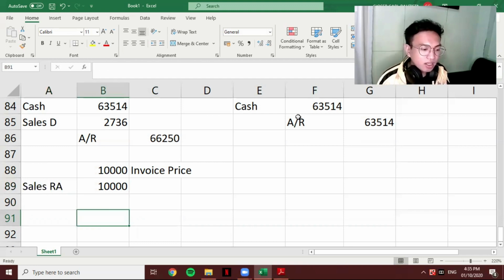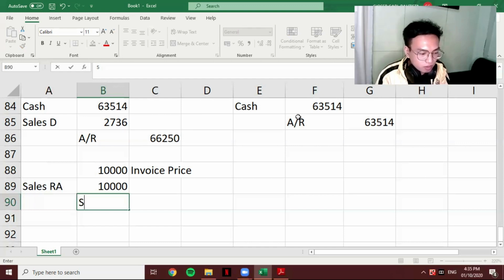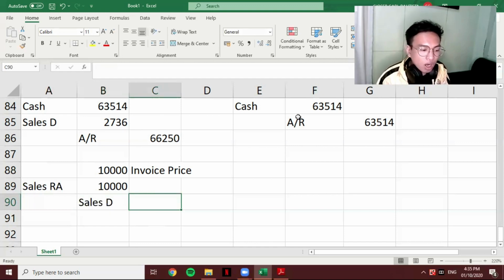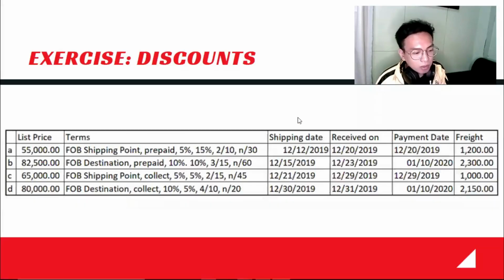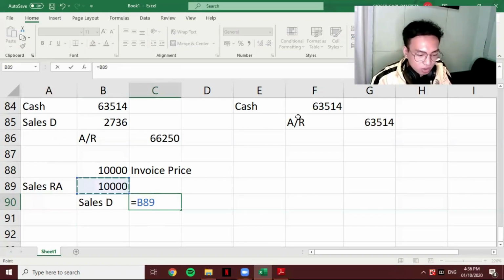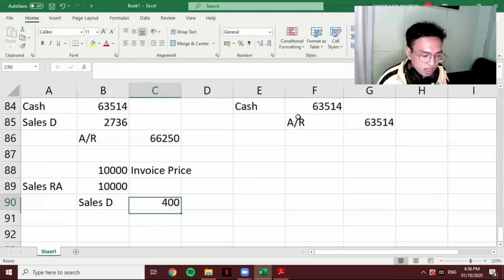However, we know na they took sales discount dito. Yun yung assumption natin. Kung na-take nila, bawasan natin yung sales discount. Amounting to how much? Of course, magkano yung sales discount? 4%. And 4% of 10,000, so times 0.04. This is the sales discount.